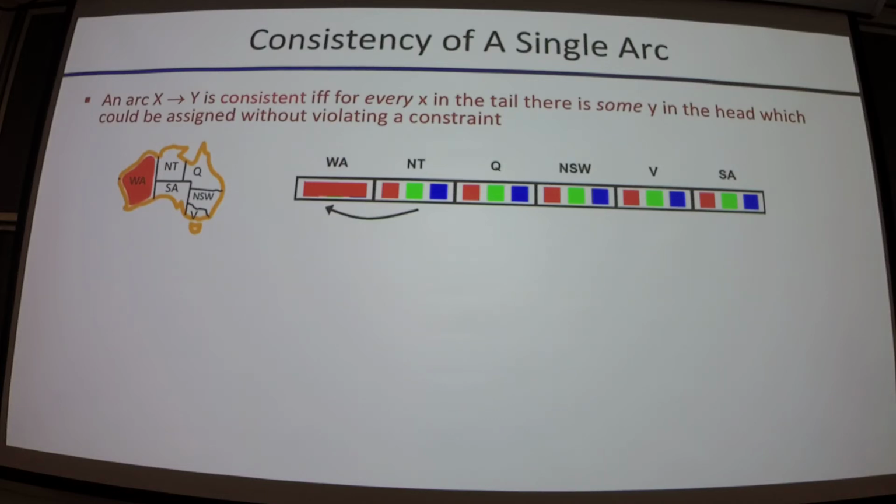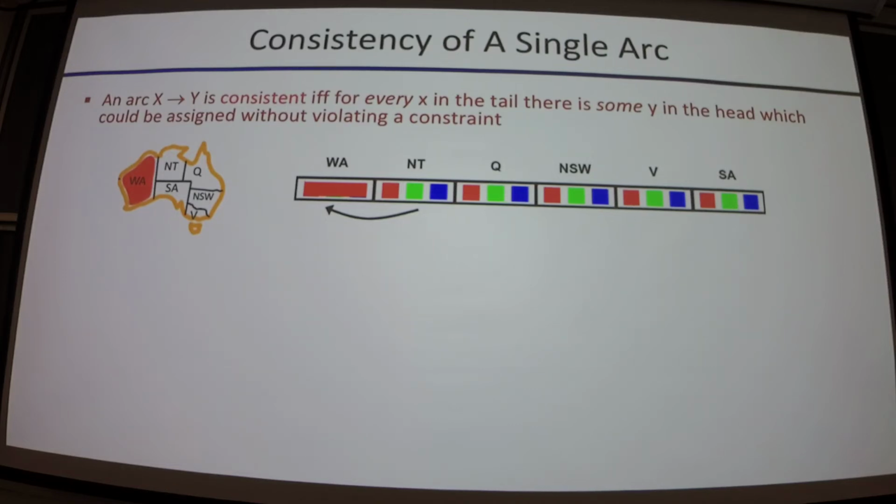If we look at the arc from NT to WA here, what we need to do is check every x in the tail, so that's every possible assignment in the tail, being the part that doesn't have the arrowhead on it. We say, is there some y in the head which could be assigned without violating a constraint? So is this arc consistent? Who says yes? Who says no?